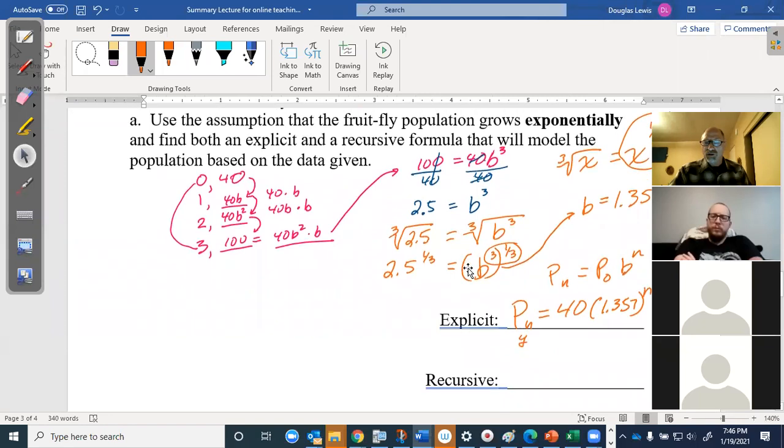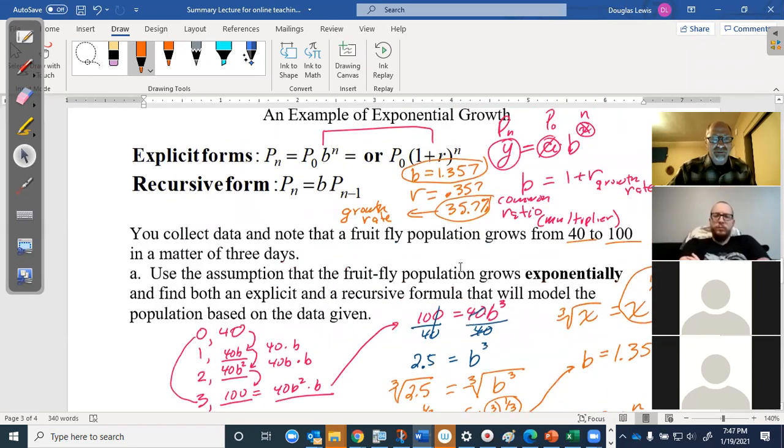So now the recursive formula, if you remember, the recursive formula does not contain the starting point. So there's no P sub 0 in the recursive formula. You're not going to have a 40. And you're also not going to have that exponent. It's P sub n is equal to, and I'll scroll up here for you, it's B times.